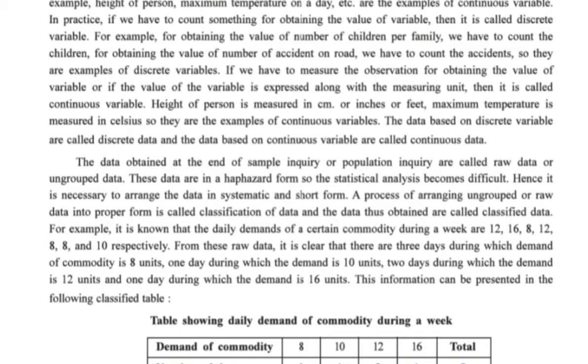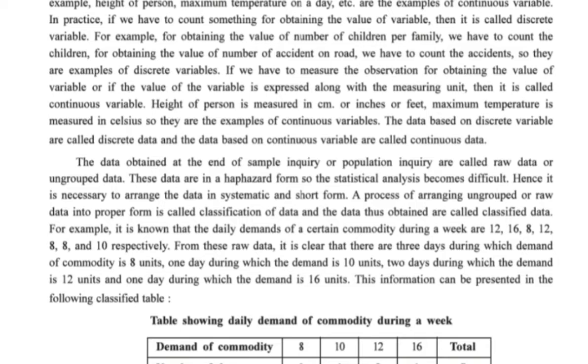When all the raw data are arranged in a proper form, it can be regarded as classified data, right? It can also be called classification of the data, and the data are the classified data. Again, the process of arranging raw data into proper form is called classification of the data, and the data so collected can be regarded as classified data.